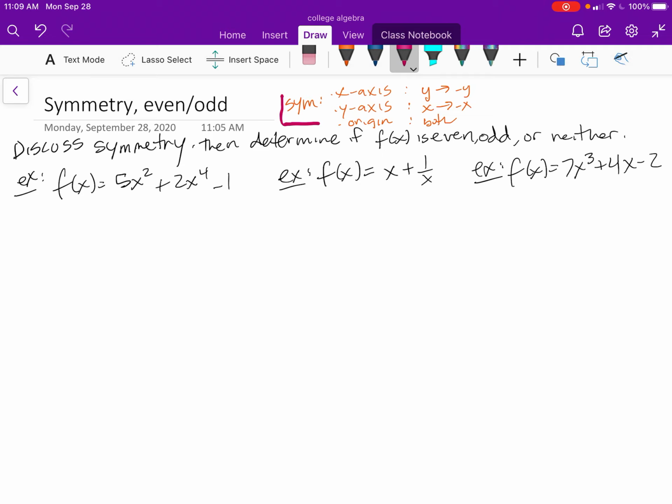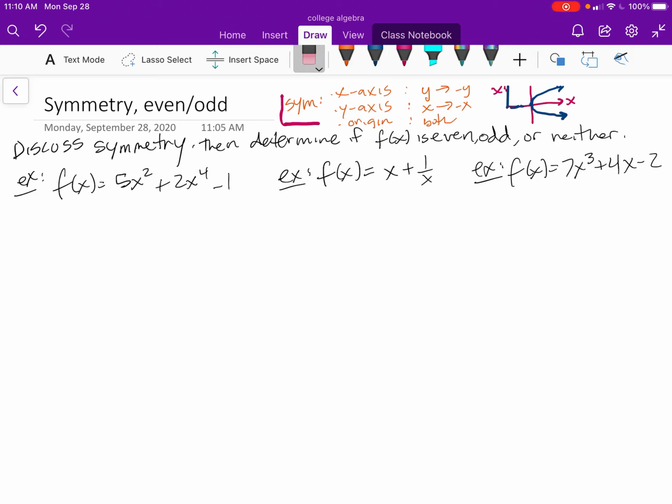So if something is symmetric about the x-axis, I'm going to draw a generic function to the right over here. So if we're talking about the x, right, here's the x-axis. So we may have some function drawn in blue here that looks like this then, right? So the line of symmetry is along this x-axis.